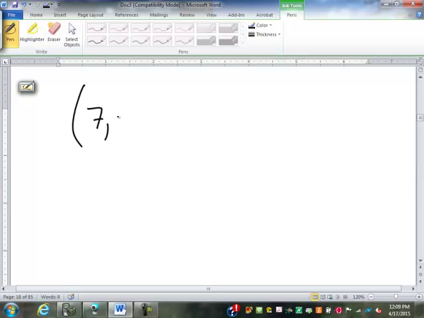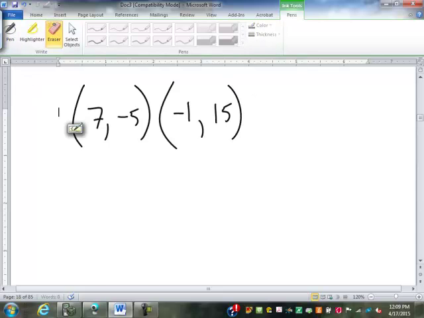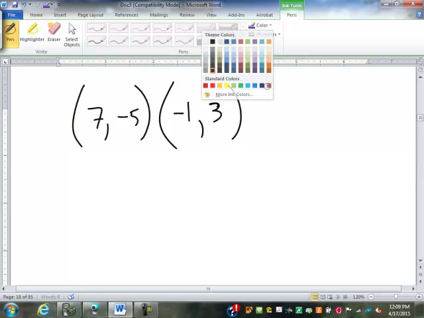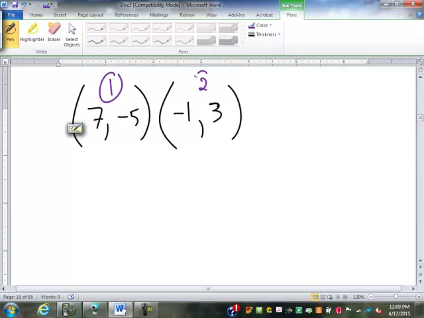So (7, negative 5) and (negative 1, 3). So here, again, I'm going to label point 1 and point 2.